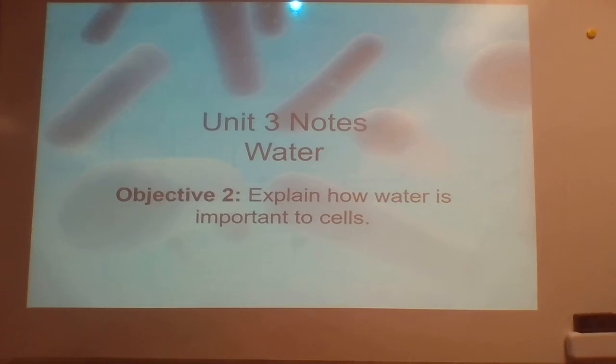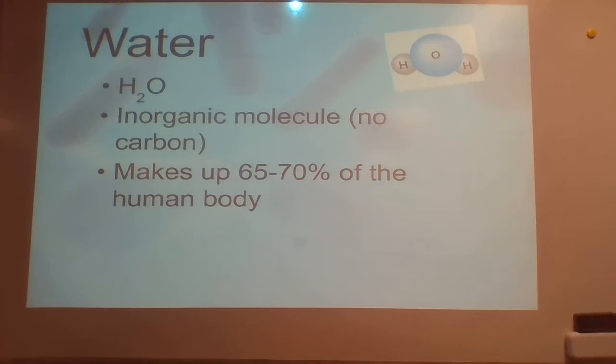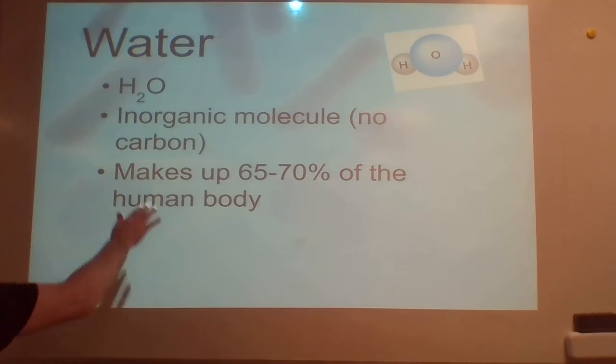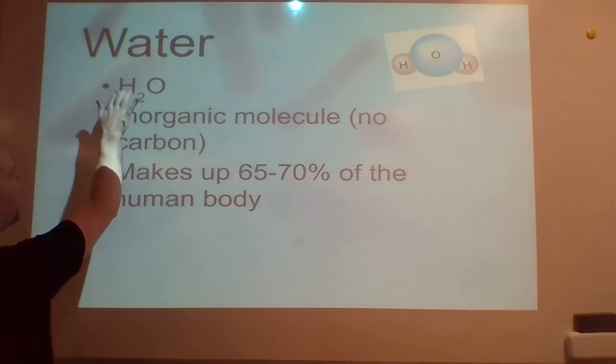All right, water. These are the first 3 things that you need to have on those 3 bullets at the top of the page. H2O is the chemical formula for water. It tells us how many of each element is present. So the 2 tells us that there are 2 hydrogens.